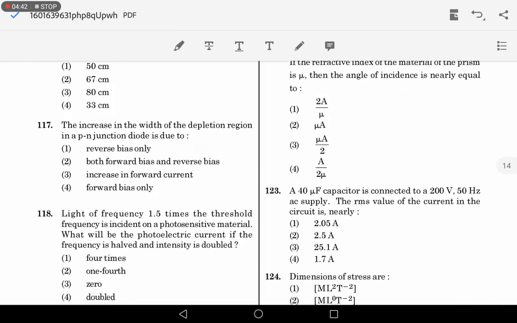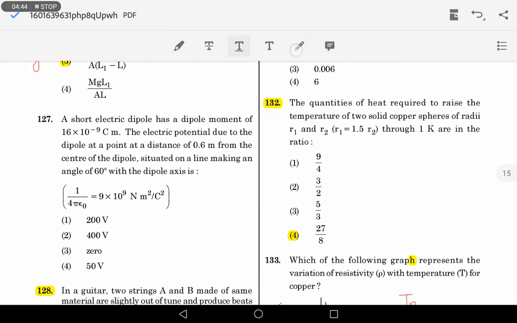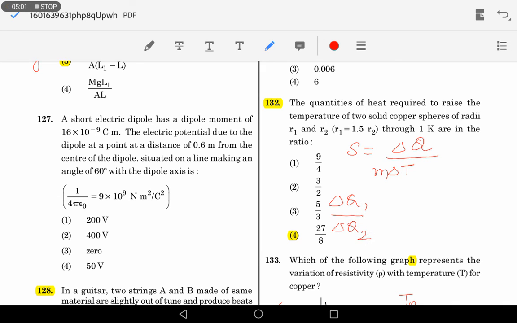So what we know is specific heat capacity is equal to del Q by del T upon m, where del Q is the change in heat and del T the change in temperature. The quantities of heat, that is del Q1 by del Q2, is going to be the question.